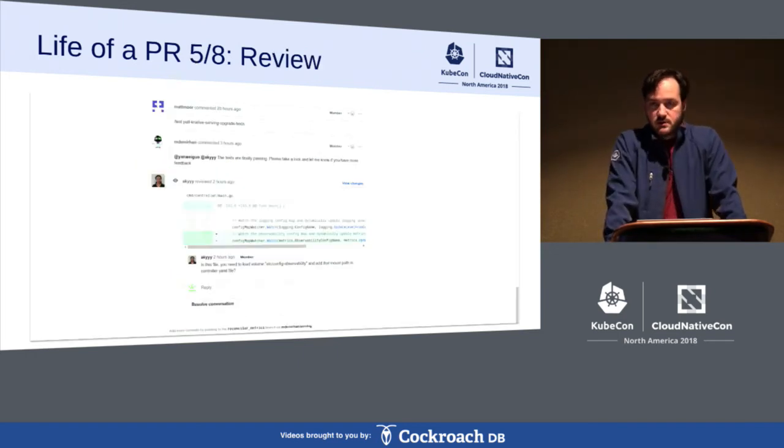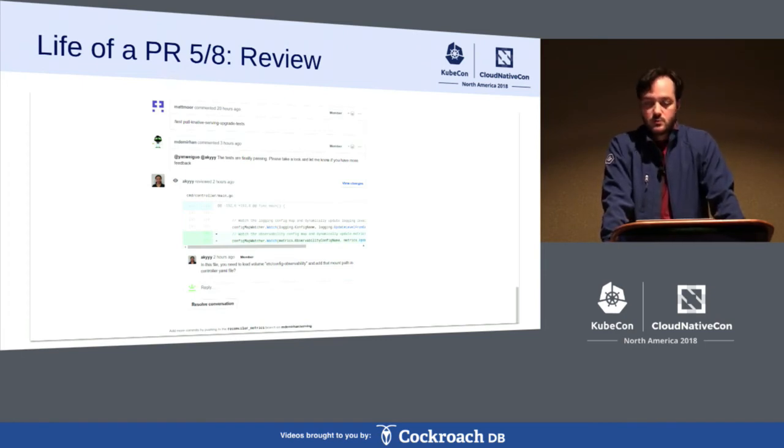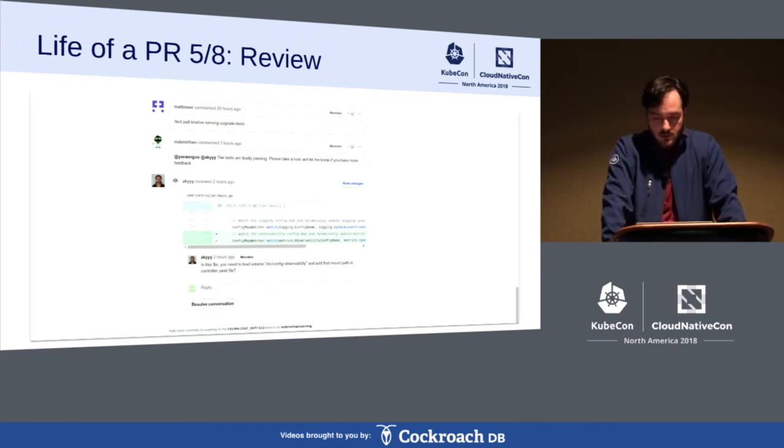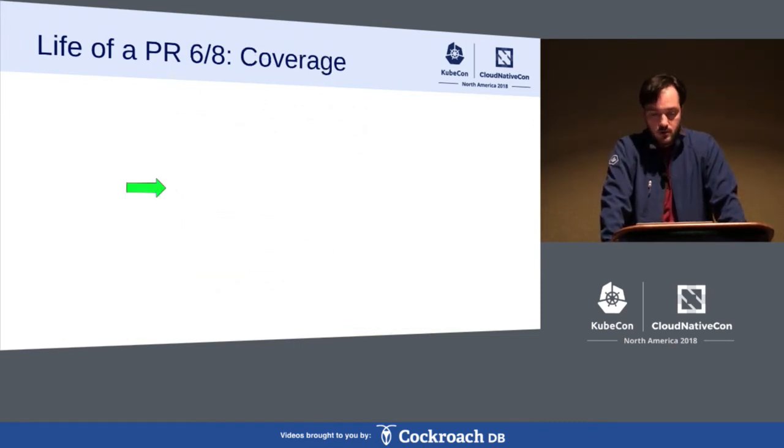And of course, there is the usual review flow. Your reviewers will add comments, and you're going to address those. Every time you add a new commit to your PR, the tests will run again, and they have to be green. So nothing new here as well.